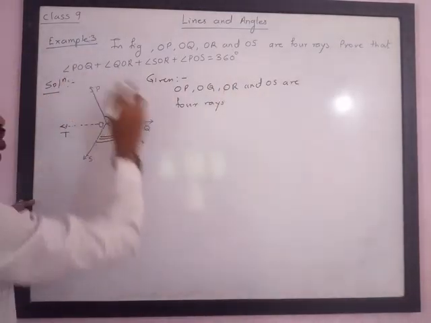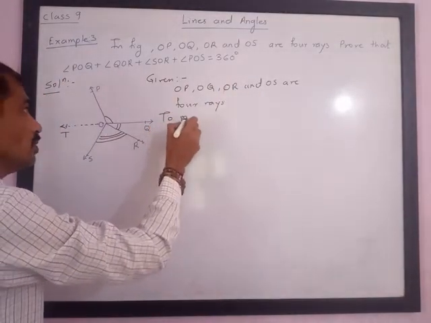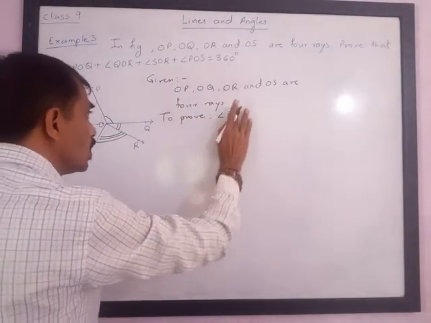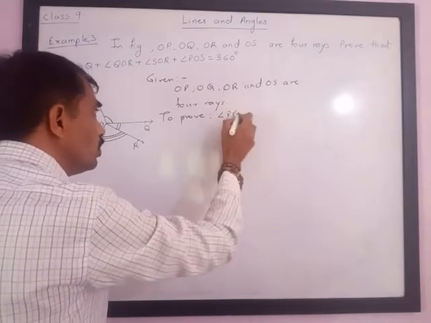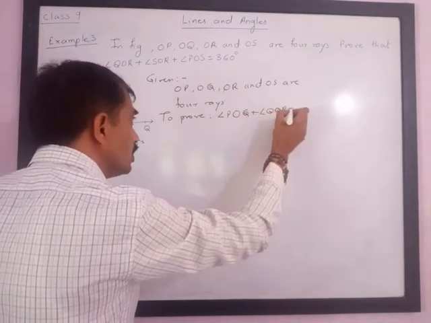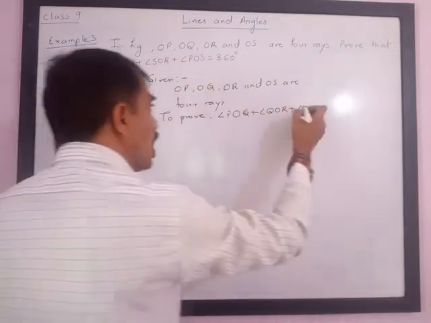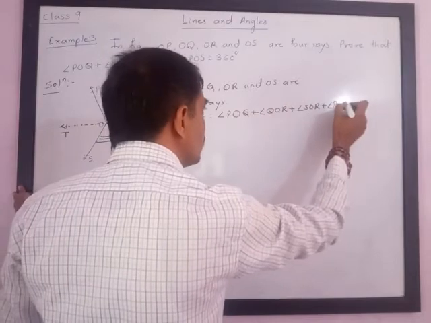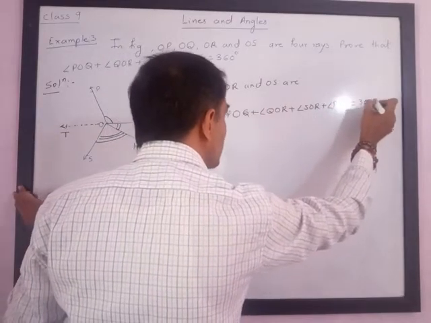Now we are asked to prove that angle POQ plus angle QOR plus angle SOR plus angle POS is equal to 360 degrees.